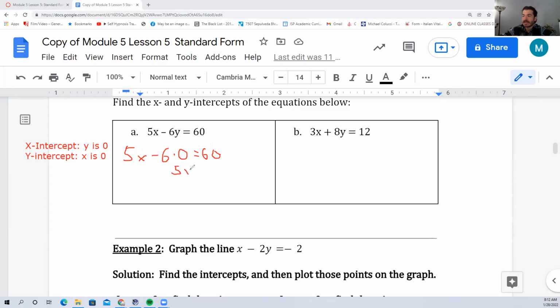So I know my x-intercept is some number times 5. So 5 times my x-intercept will give me 60. How do I solve for that? Well, what would happen if I multiplied both sides by 1/5, the reciprocal of 5? I would get only 1x, which is what I want. And 1/5 times 60, if you want to use a calculator, is 12. So there's my x-intercept.